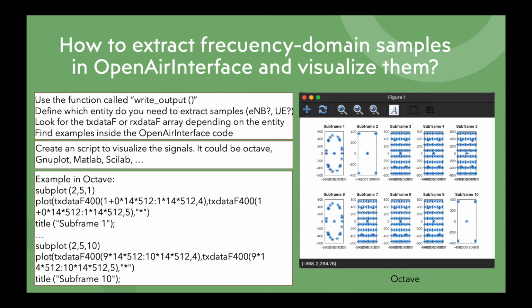Is it the eNodeB or the UE? Third, you need to look for the tx-data-f or rx-data-f array depending on the entity you selected before. And finally, find the examples inside the OpenAirInterface code to guide you to extract this information.